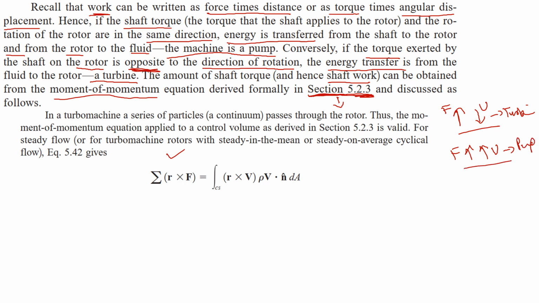Similarly, if the torque and the angular velocity of the rotor are in the same direction, then that scenario will be for a pump. But if the torque and the angular velocity of the rotor are in the opposite direction, then that scenario will be for the turbine. Similarly, it can also be said for the shaft work, the direction of the work, and so on.